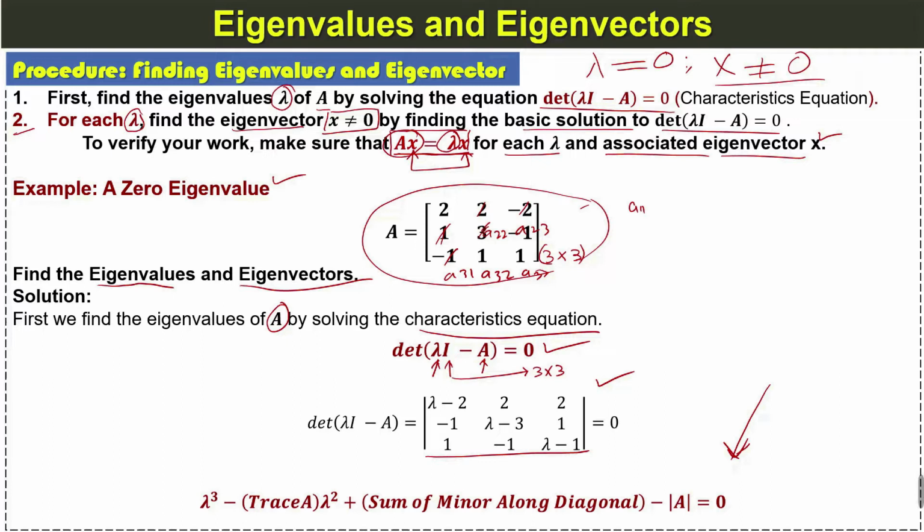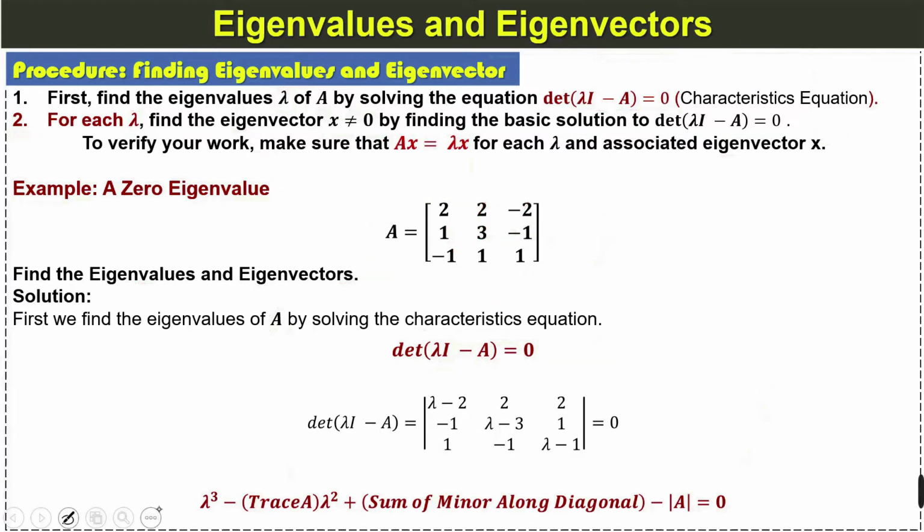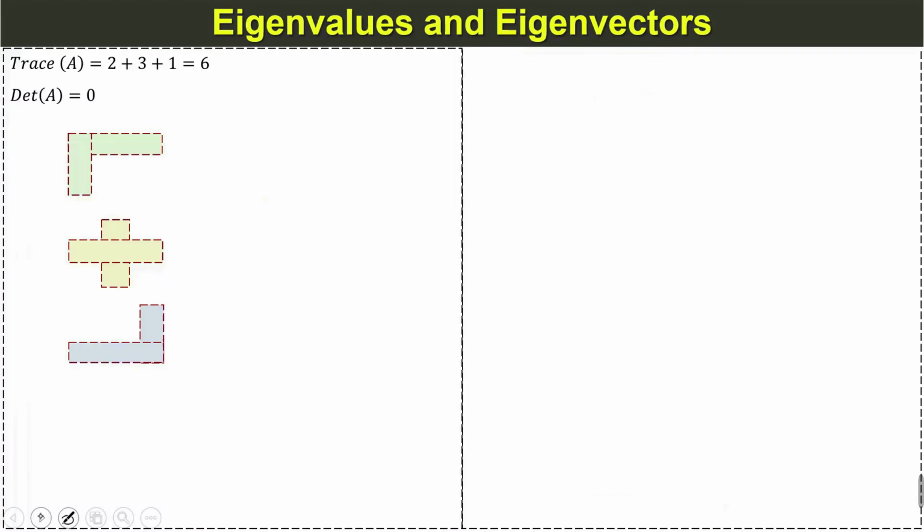I have already proved this equation for a 2 cross 2 matrix in the previous lecture; you can watch it and prove it similarly for the 3 cross 3 matrix. So, lambda cubed minus the trace of A lambda squared, plus the sum of the minors along the diagonal times lambda, minus the determinant of the matrix. What is the trace of A? The sum of the elements along the diagonal. Here we have the trace of this matrix, and the determinant of the matrix is equal to 0.